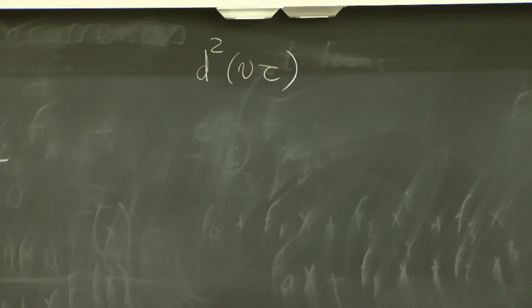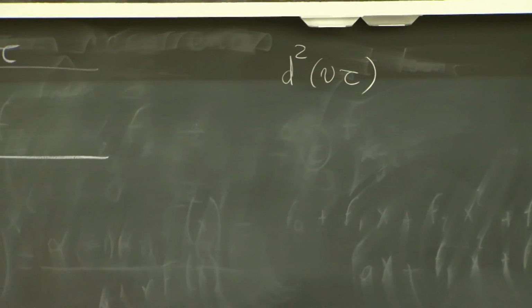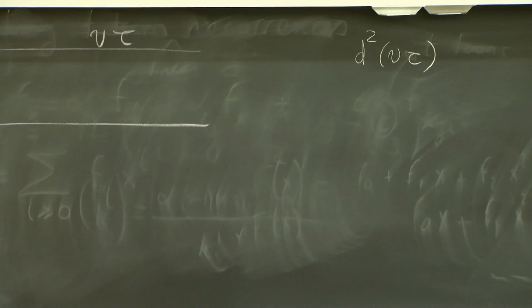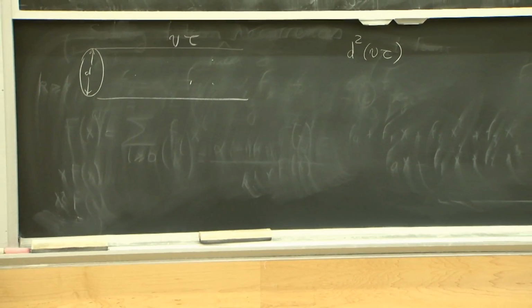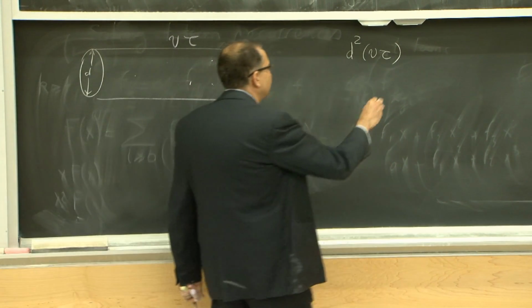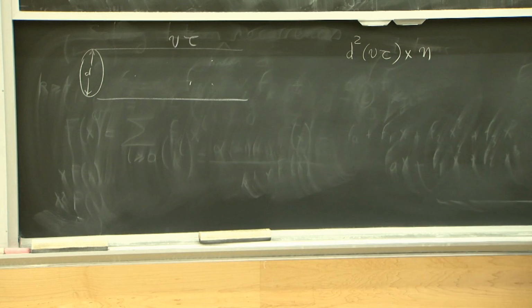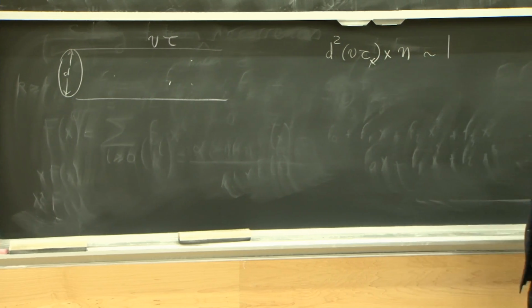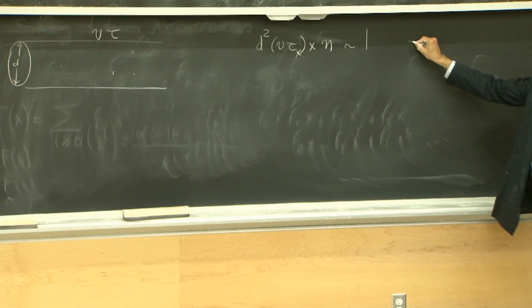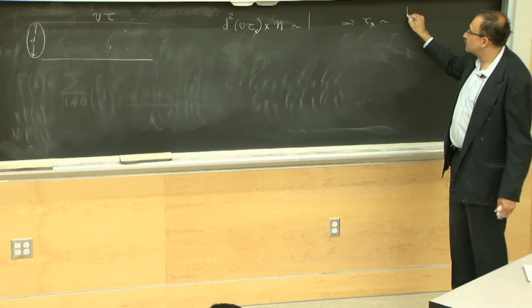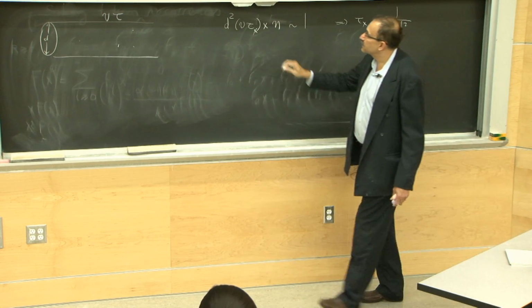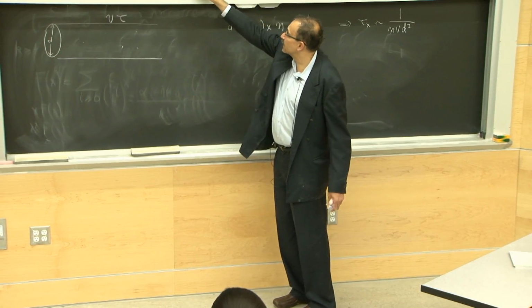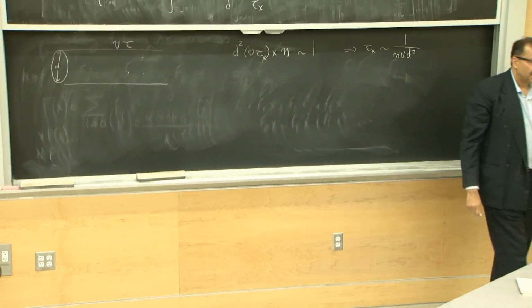So my cross section, if my dimension is d, is d squared. I sweep in the other direction by amount v tau. And how many particles will I encounter? Well, if I know the density, which is the number of particles per unit volume, I have to multiply this by n. So how far do I have to go until I hit 1? I'll call that tau x. Then my formula for tau x would be 1 over n v d squared, which is exactly what I have here. 1 over tau x is n d squared v. Okay?